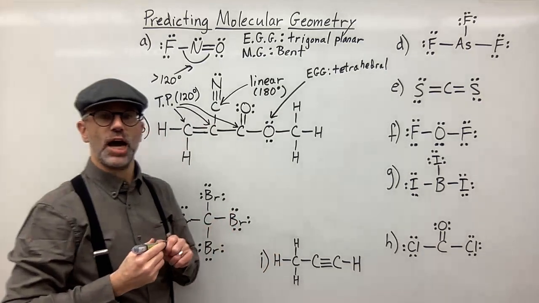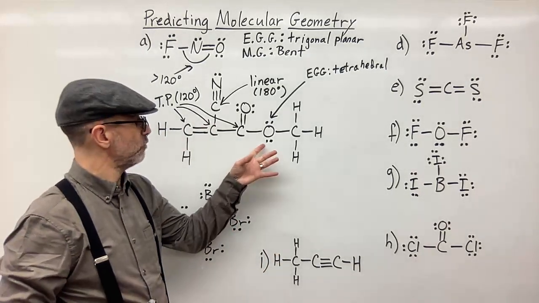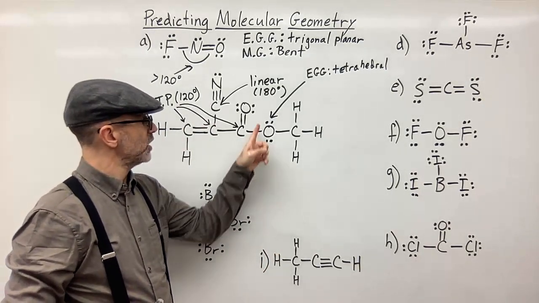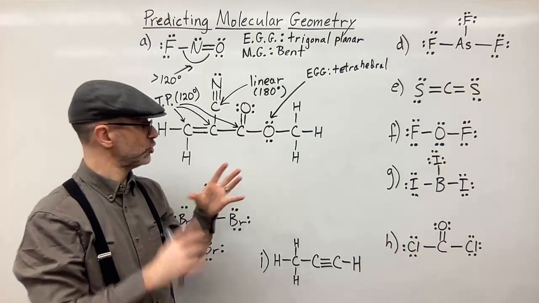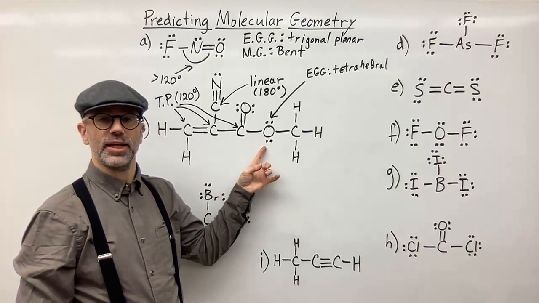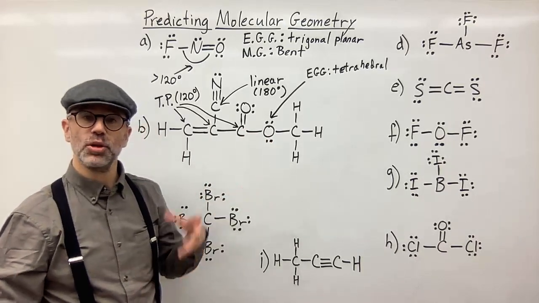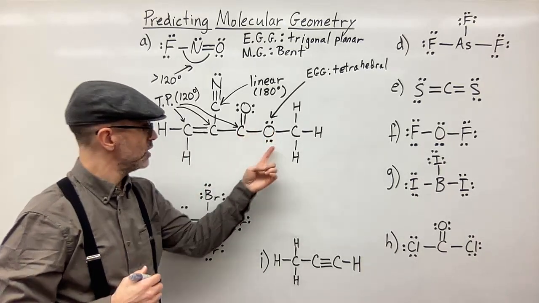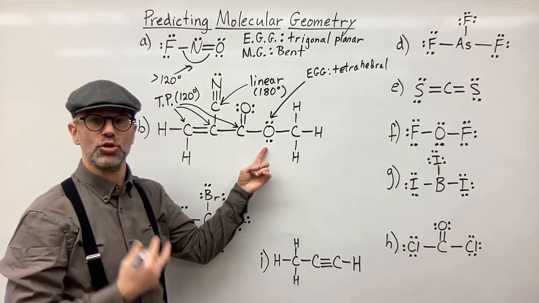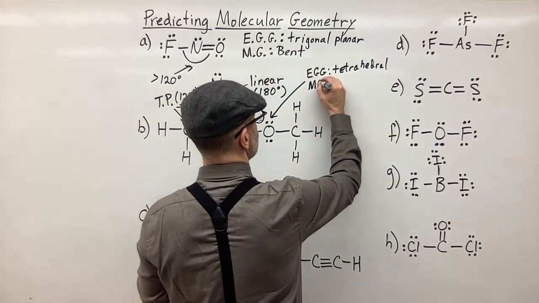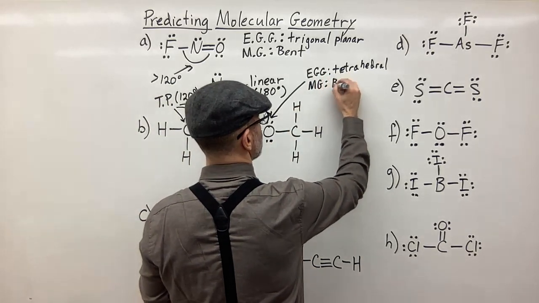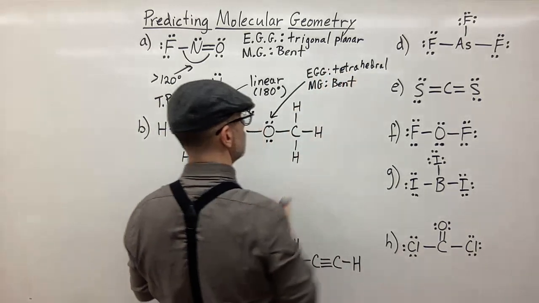But the molecular geometry is going to be different because we have lone pairs. So because two of your electron groups are lone pairs, we're going to ignore that and just look at the structure. When you look at that, then you get a bent shape. So the molecular geometry for this central atom with two lone pairs, two bonds, is bent.